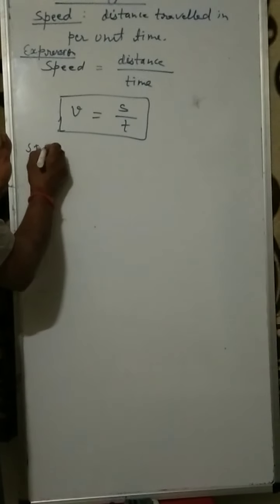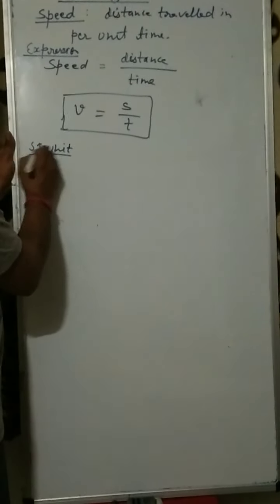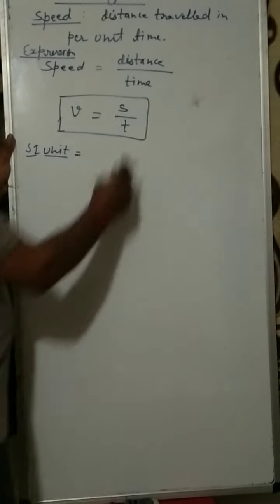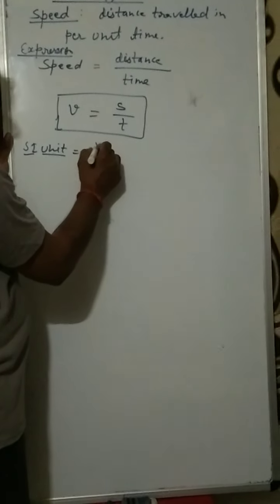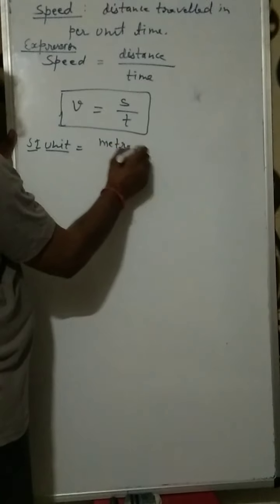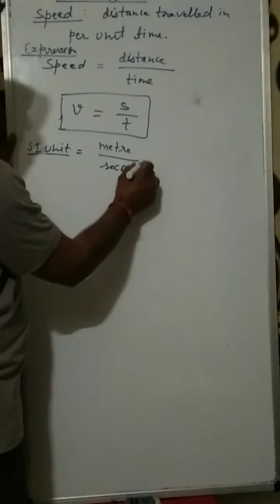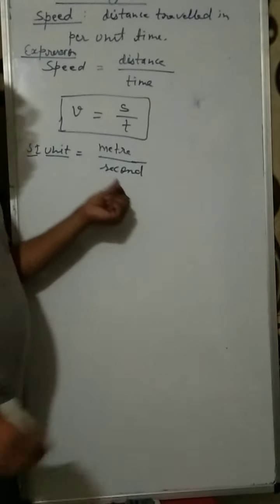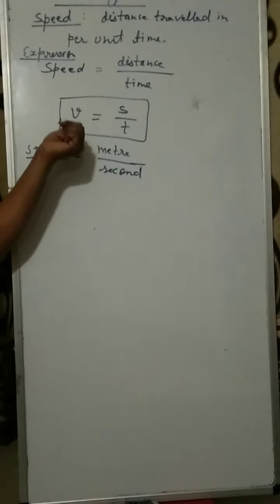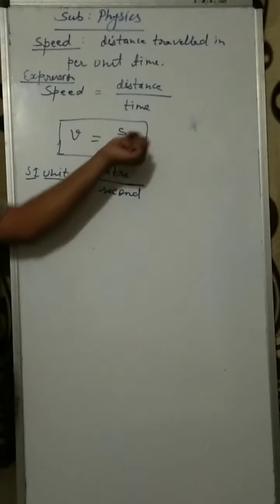Its SI unit: the distance SI unit is meter, time unit is second. Unit is always obtained from the formula. Speed is equal to distance upon time.